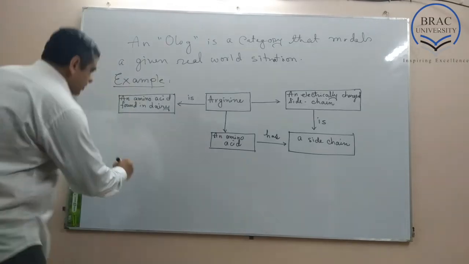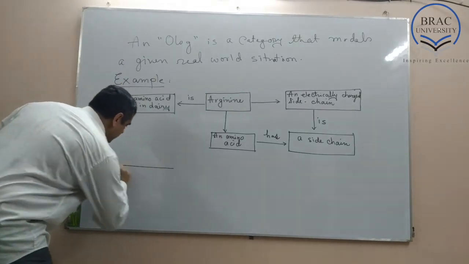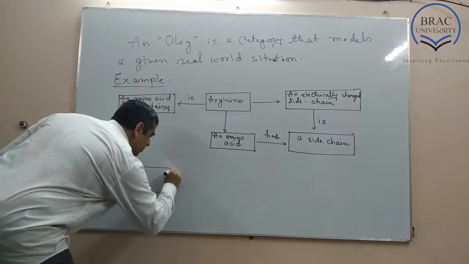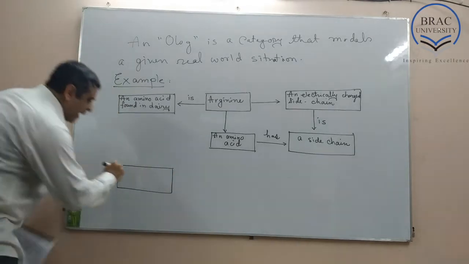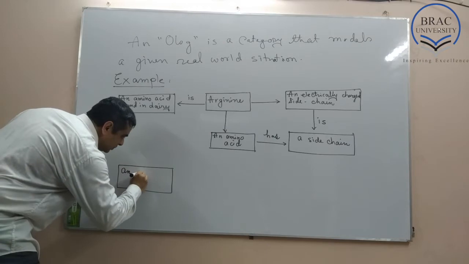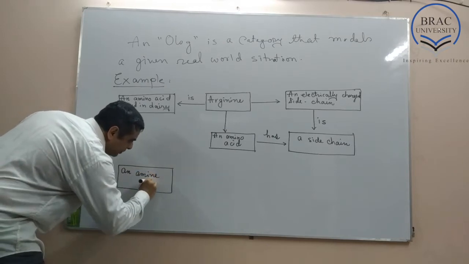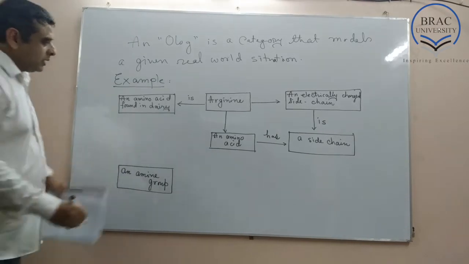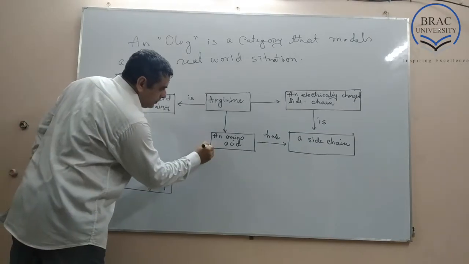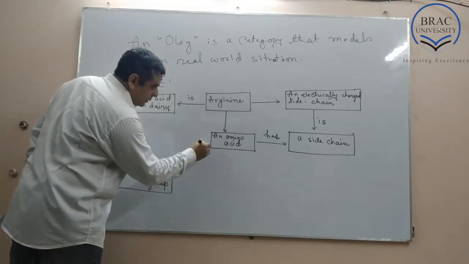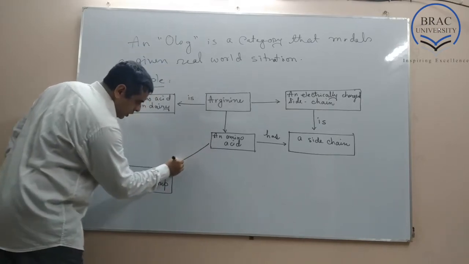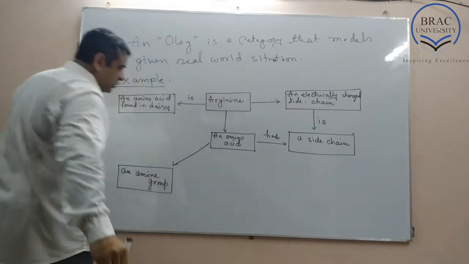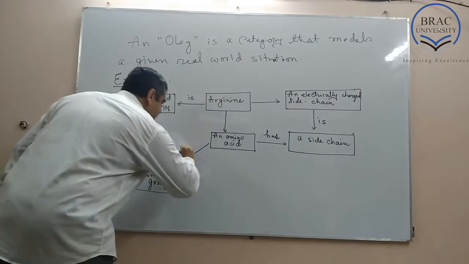Okay, so there is another box here labeled an amine group, and there is an arrow coming from amino acid to the amine group labeled "has".